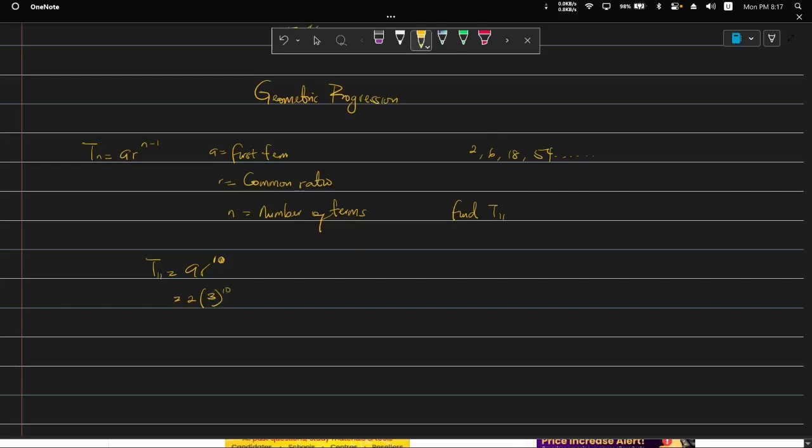So if you pick out your calculator and you do 2 times 3 to the power of 10, you're going to be left with, sorry, my calculator is showing some ads.